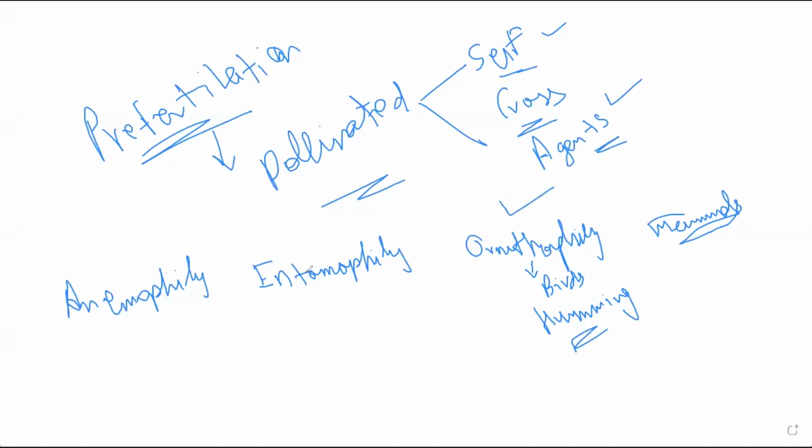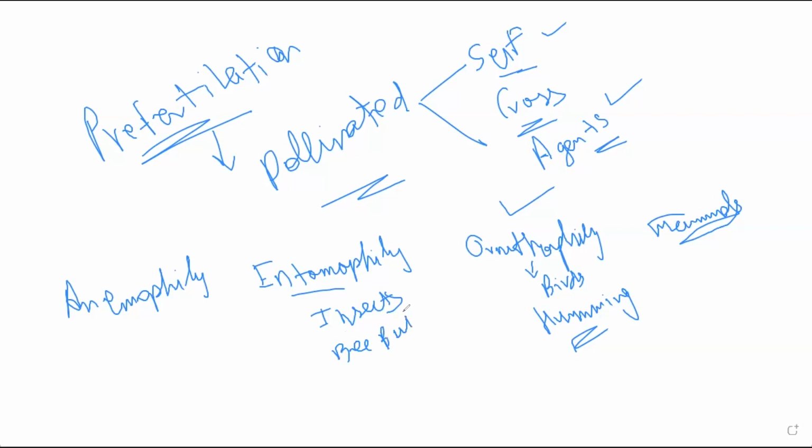Then you have entomophily. Entomophily is where we talk about insects. When insects are acting as an agent for the pollination process, we say that it's entomophily. The best example you can take is bees. Butterflies are there too.